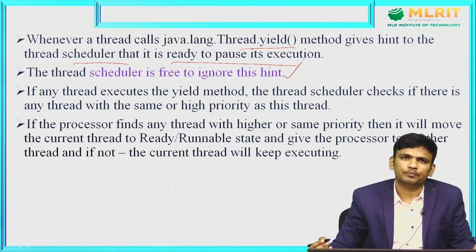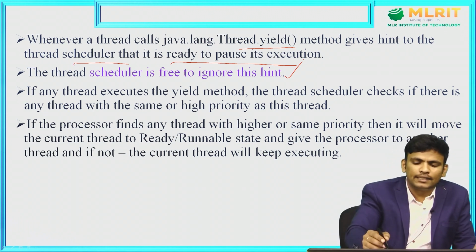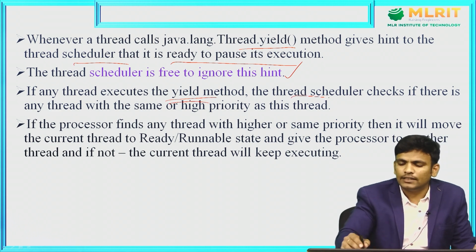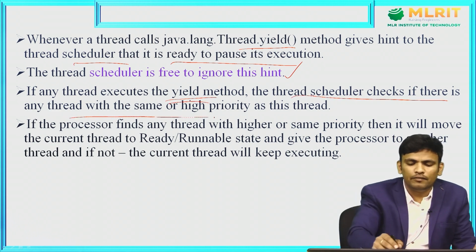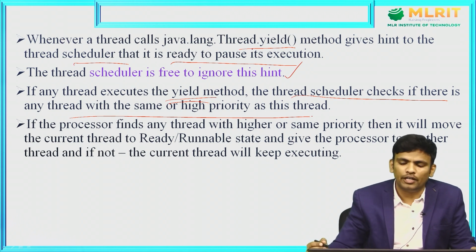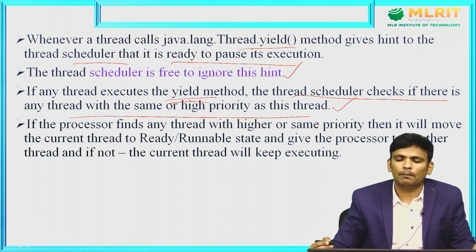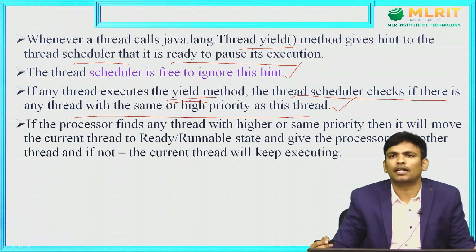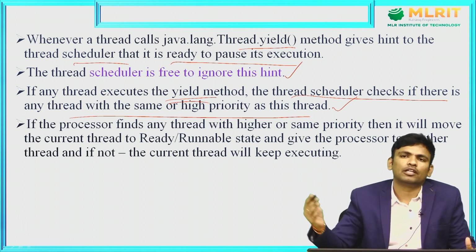If any thread executes the yield method, the thread scheduler checks whether there is any thread with the same or higher priority in the waiting state, in the thread pool. If there is none, that thread will continue. If any thread with the highest priority is in the waiting state, the execution will be stopped and the chance will be given to that particular thread.